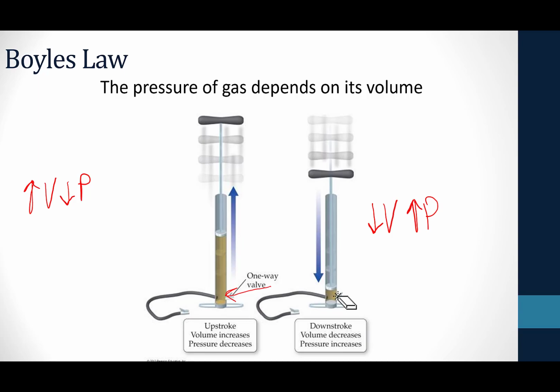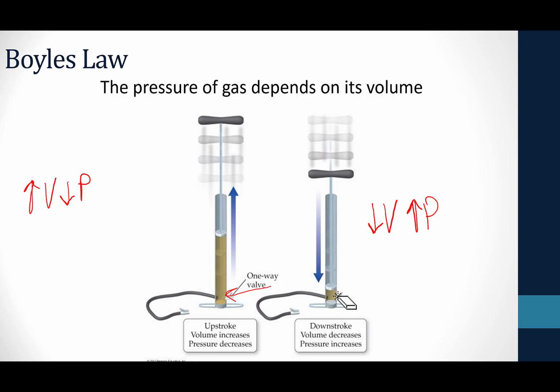When we push down on the piston, the pressure inside the cylinder is now really high. Pressure outside the cylinder is low, and that gas is going to go rushing out of the cylinder into whatever we're trying to fill up, the basketball or the tire. The pressure just got too much inside the cylinder, so it goes rushing out.